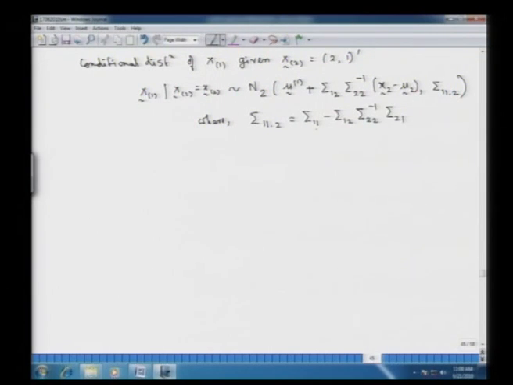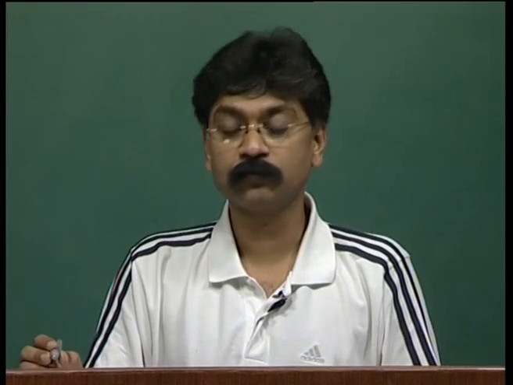Now these partitions are nothing but actually the following, where sigma 1 1 is the covariance matrix of the x1 subvector, that is the notation. Sigma 2 2 is the covariance matrix of the second subvector, which is x2, and sigma 1 2 is the covariance matrix of x1 and x2, and sigma 2 1 is just the transpose of that sigma 1 2 matrix, right.